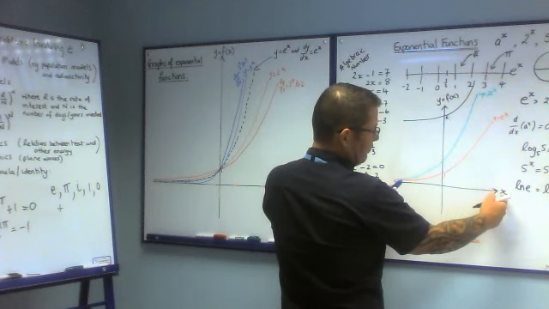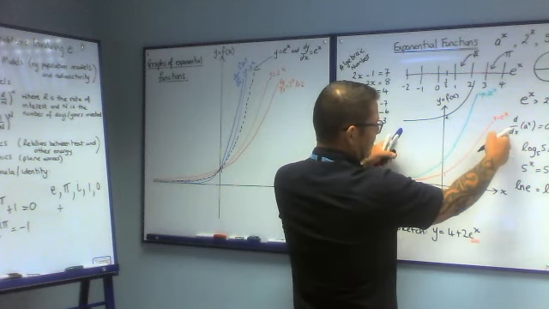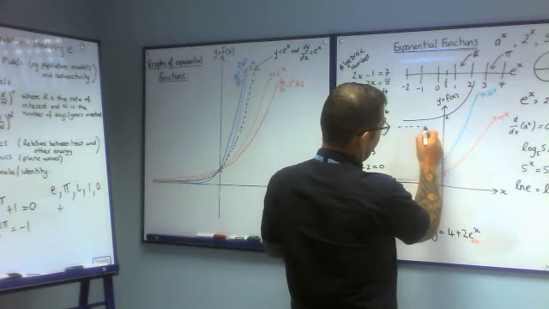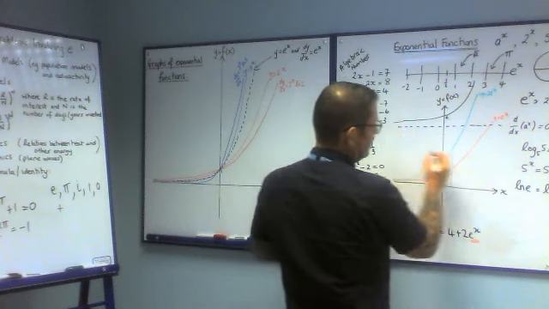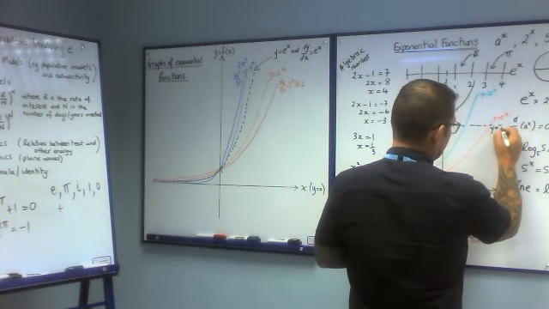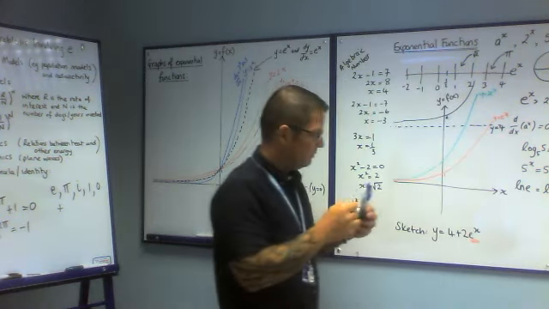So instead of being y equals 0, our asymptote moves up by 4 as well. So our asymptote, which if I put in this dotted line here, would now, as that's coming down, be at y equals 4. So our asymptote has moved as well.